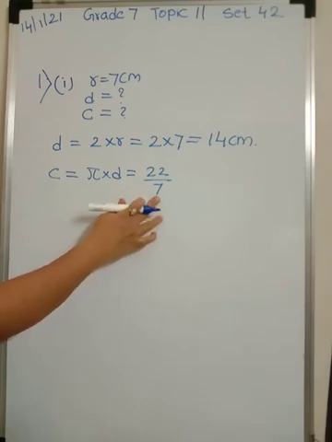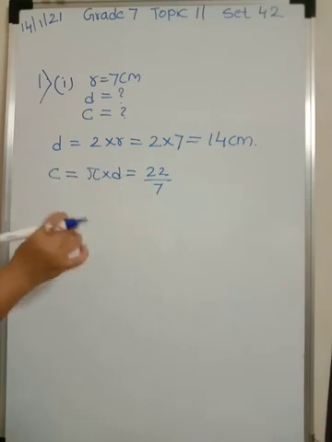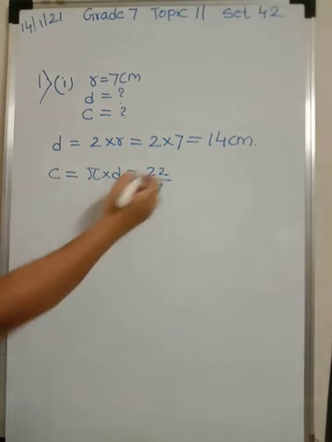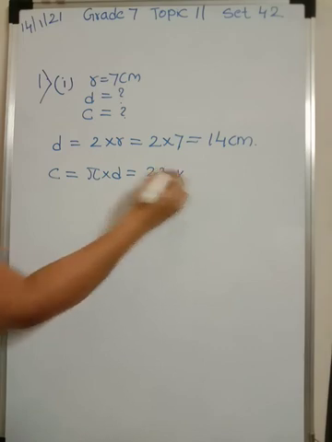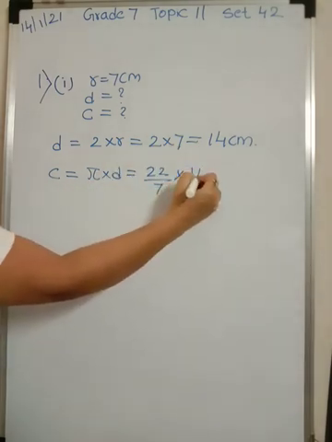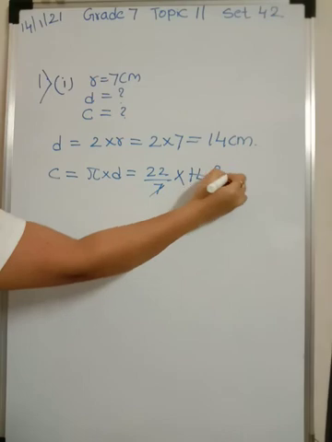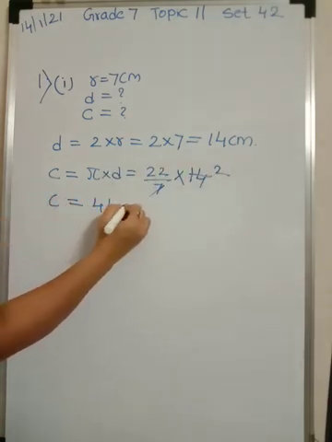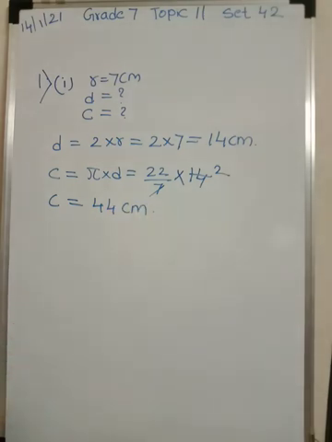So use little your common sense and see what value of pi will help us to carry out the calculations easily. 22 upon 7 into 14. So 7 ones are 7 and 7 twos are 14. So c is equal to 22 into 2 becomes 44 centimeters. Isn't it easy? Alright. So you have your diameter as well as your circumference.